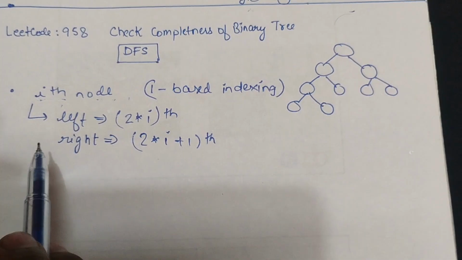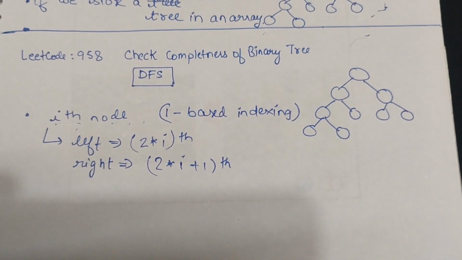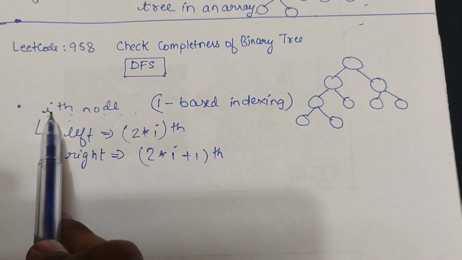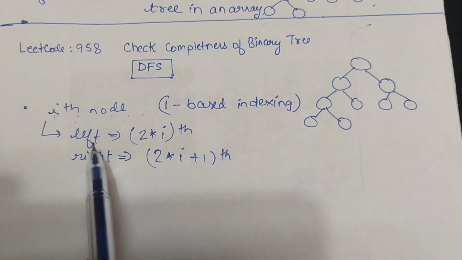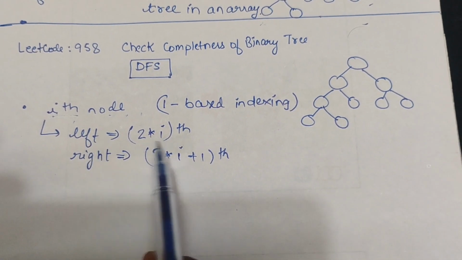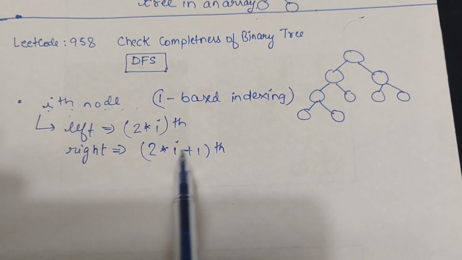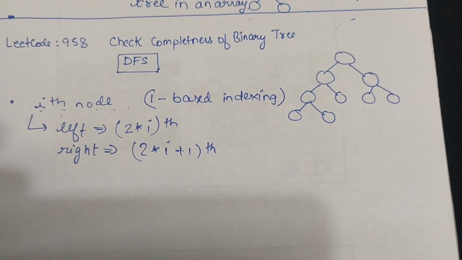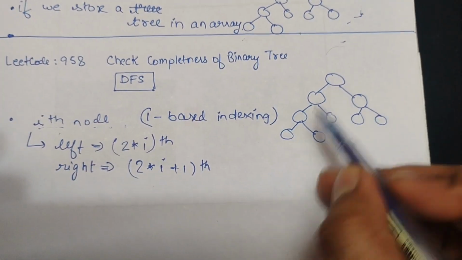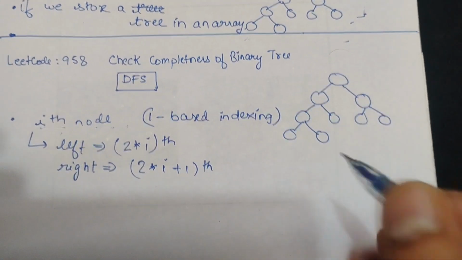If I want to store a tree in an array, and I store a node at the ith position, then its left would be at 2 into i and right would be at 2 into i plus 1. This is the case for one-based indexing. Now let us do a dry run on this. How can I store it?